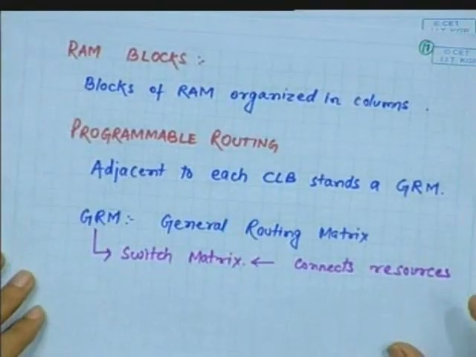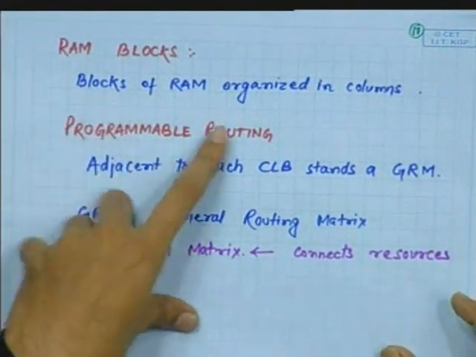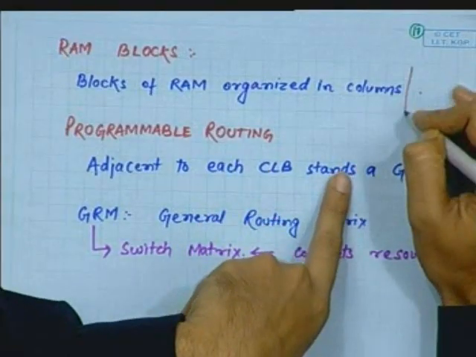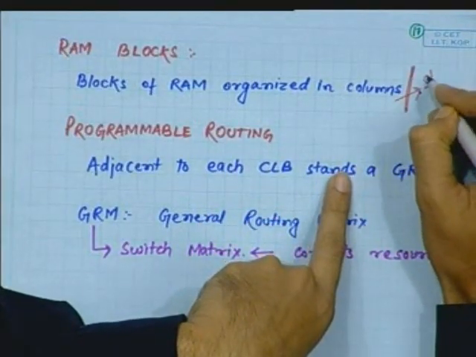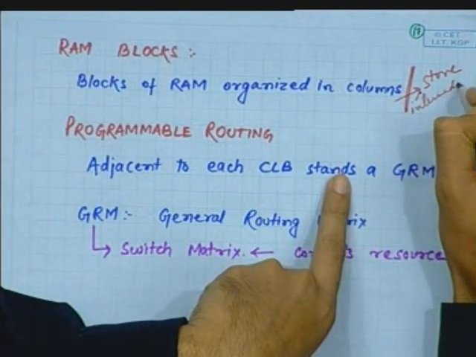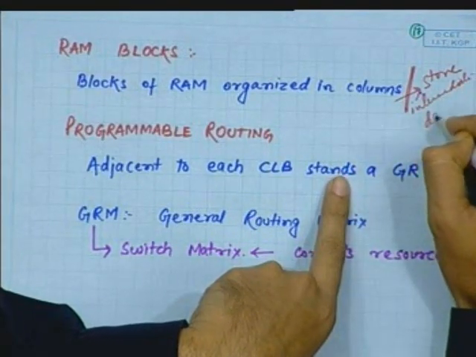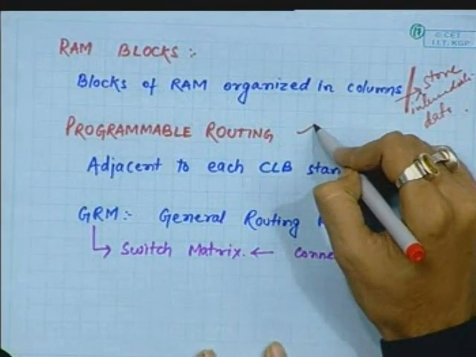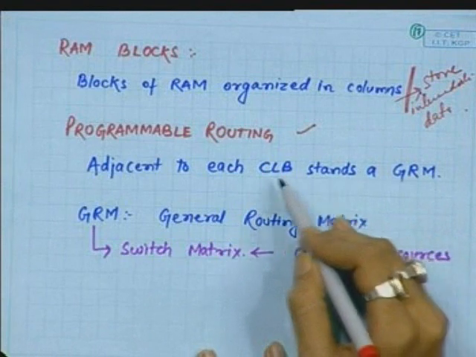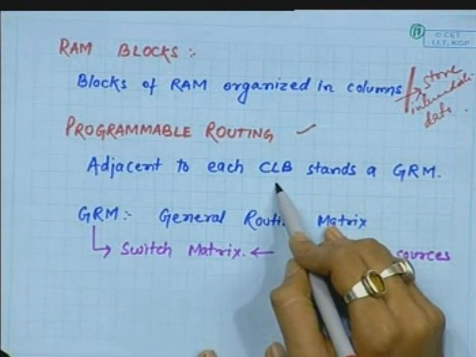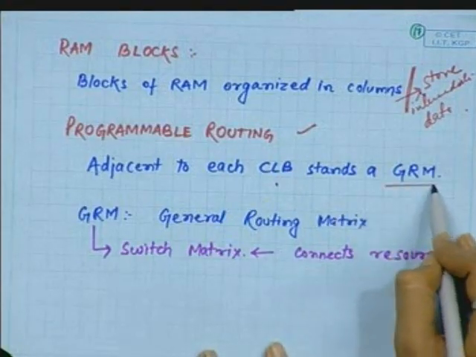Now we talked that there are some RAM blocks. These RAM blocks, we know, were organized in columns. Why is RAM required? To store some intermediate data. There is programmable routing. Now adjacent to each CLB, this is in context of Virtex 2, we have a GRM.